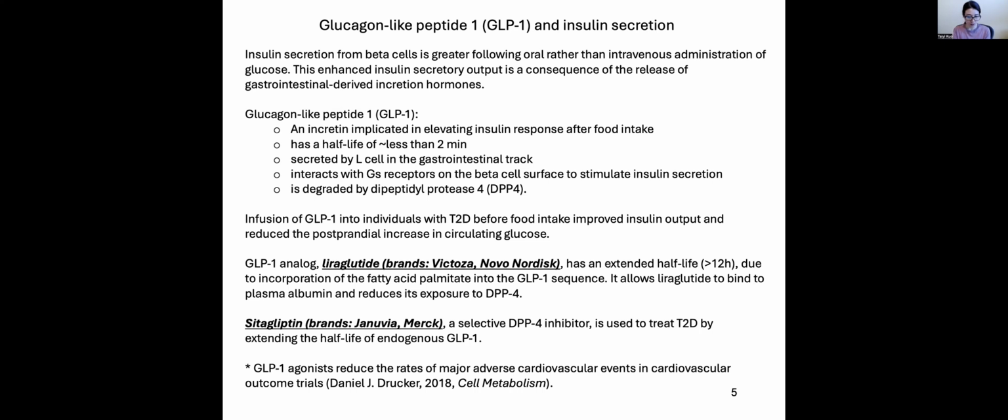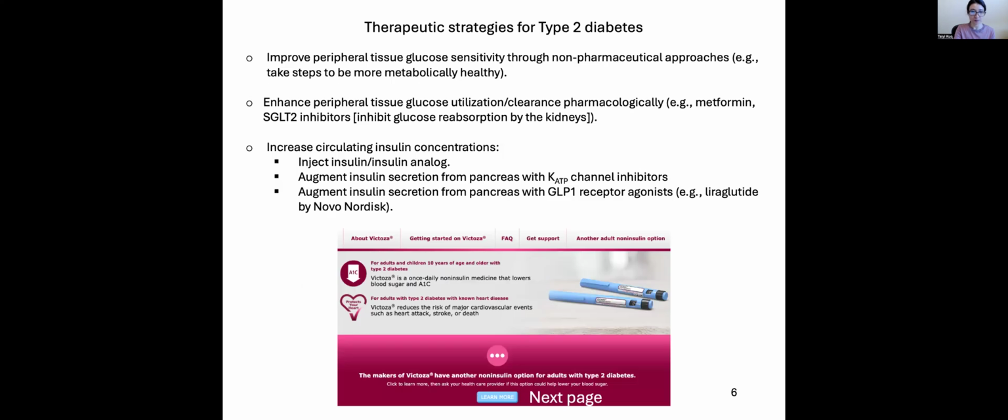So in addition, the GLP-1 agonist also reduces the rate of major adverse cardiovascular events in the cardiovascular outcome clinical trials. So far so good, right? For GLP-1 receptor agonists and treating diabetes.